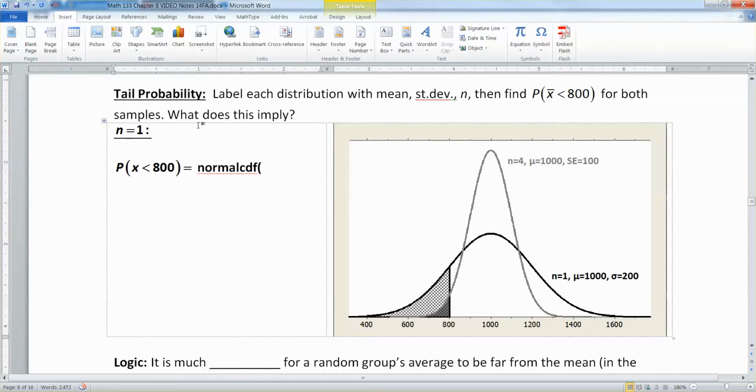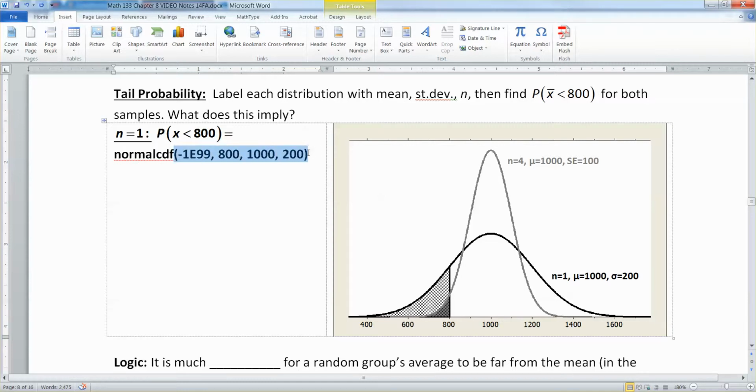Normal CDF always goes from left to right, so you have to think about the left-hand edge and the right-hand edge. The left-hand edge of what we're shading is negative 1E99. The right-hand edge is 800, then the mean 1,000, and then the standard deviation, which is 200, because this is a sample size of 1. So that's what we learned in Chapter 7, right? It's normal CDF from left to right with the mean and then the standard deviation attached.